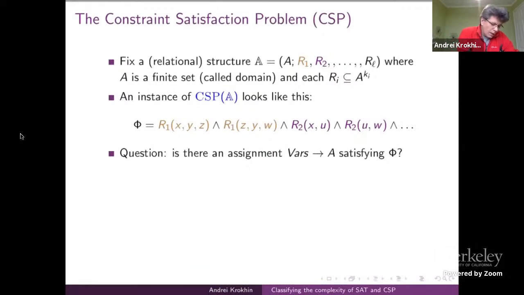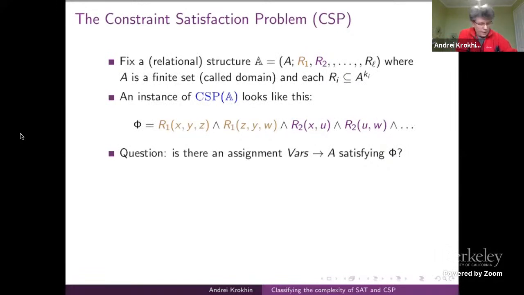So I will fix a relational structure A, which is simply a finite set A, the domain of my structure, and a finite set of relations of various arities on the domain. Then an instance of the constraint satisfaction problem with this structure A looks like this.